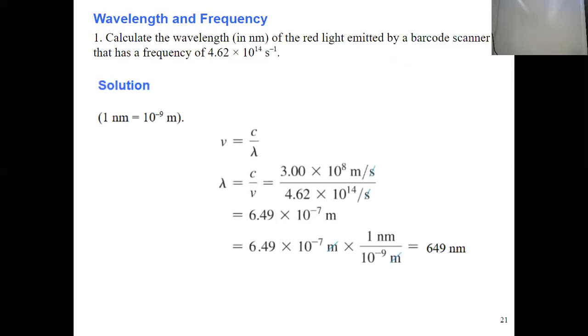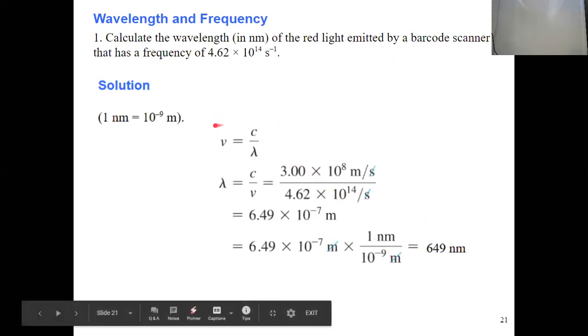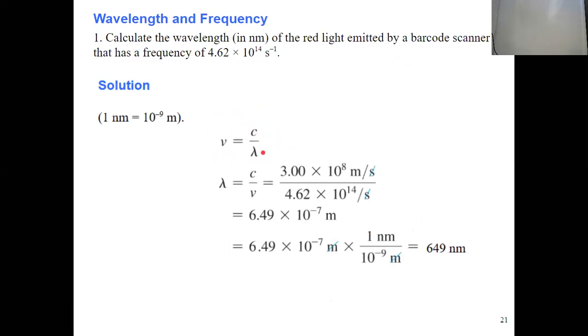So this is our standard equation right here, and we want to solve for wavelength in this case. So we have to rewrite the equation and solve it for wavelength. Once we do that, we're going to get a value, and that value is going to be in meters.